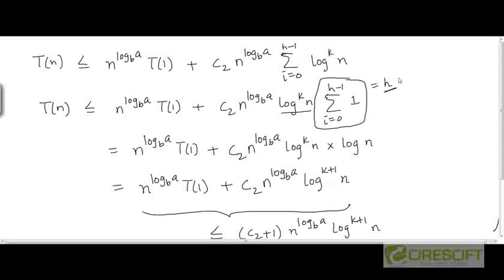Now what is h in terms of n? h is log n to the base b, right? h is the height of the recursion tree, which is log n to the base b. We have seen this earlier, so I'm just reusing that fact.